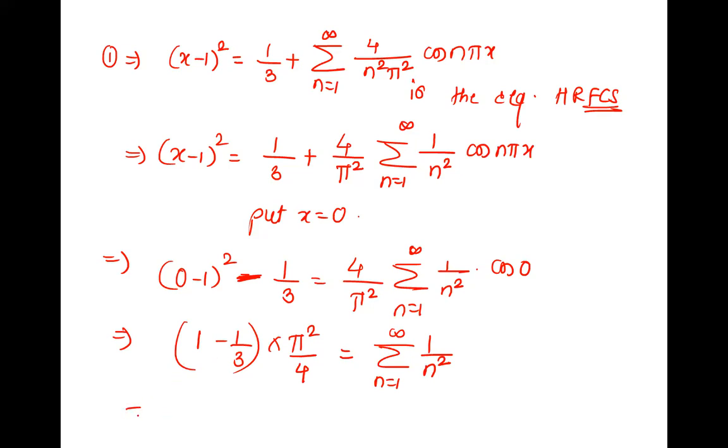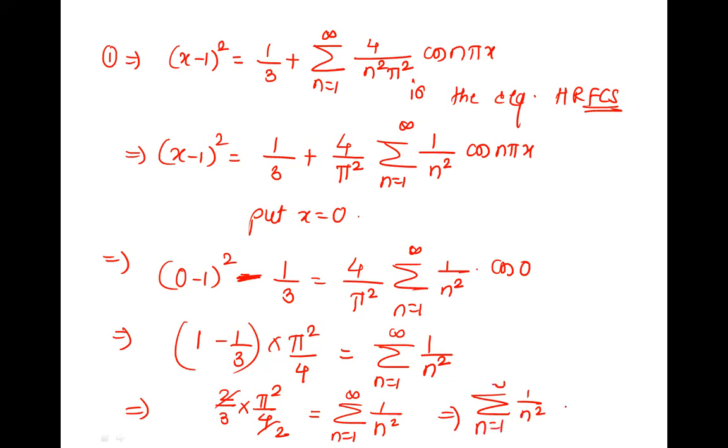And 1 minus 1/3 is 2/3. So 2/3 into pi²/4, the 2 also gets cancelled, so it is summation 1/n², n is 1 to infinity, which equals pi²/6. So that value is pi²/6.